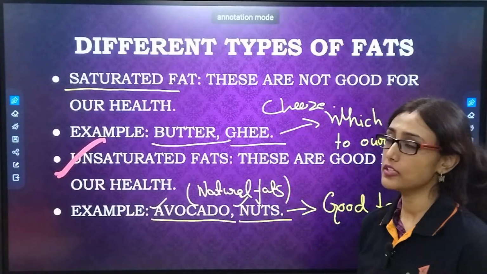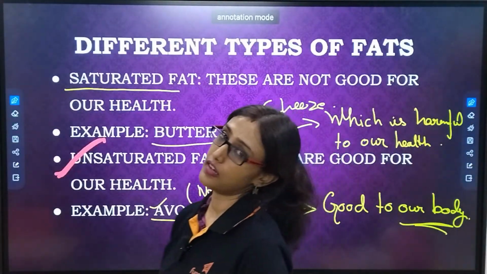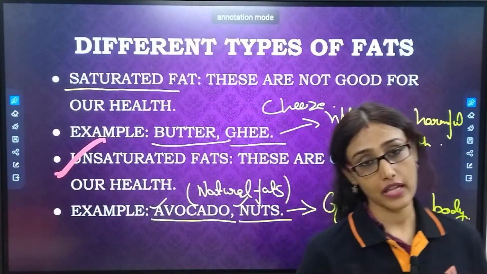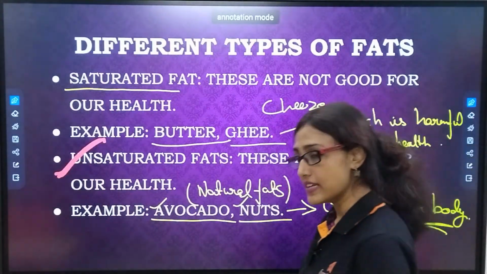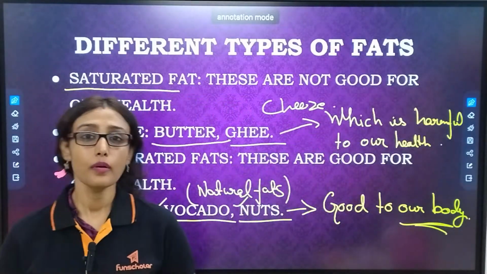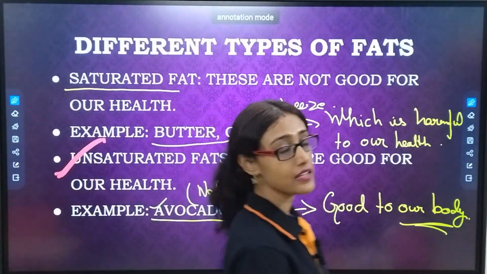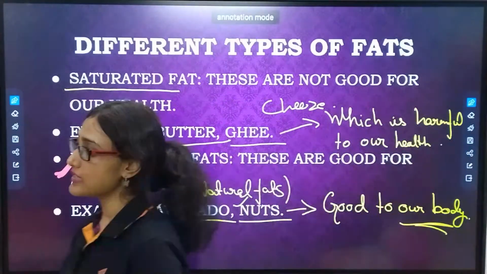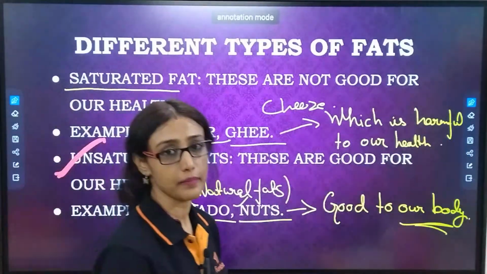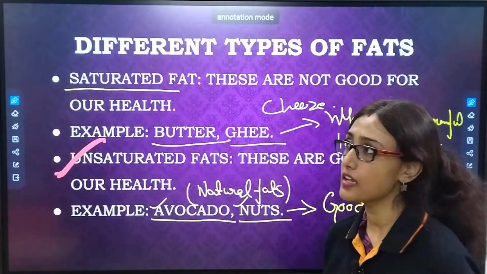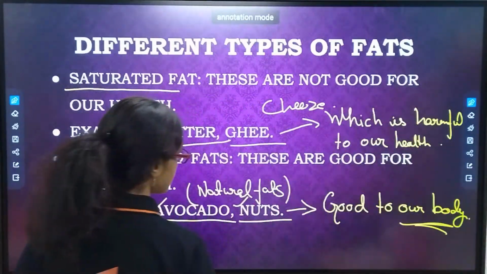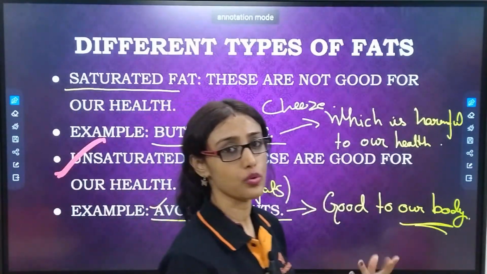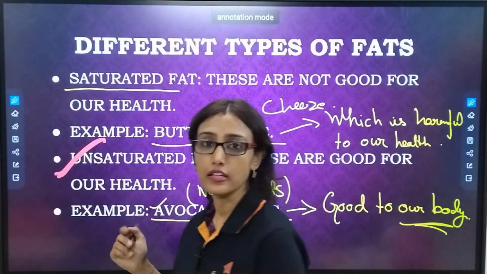Why, ma'am, we need to consume fat? Because there are two kinds of fat. One is bad, one is good. Good fat is known as unsaturated fat, and fat is necessary. Why? To protect our organs, for the formation of cell membrane, to protect the animals living in the Arctic region, for the maintenance of temperature, and lastly for our extra food stored in the body for future use.